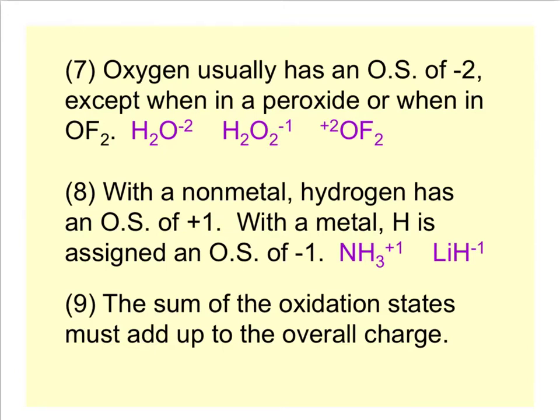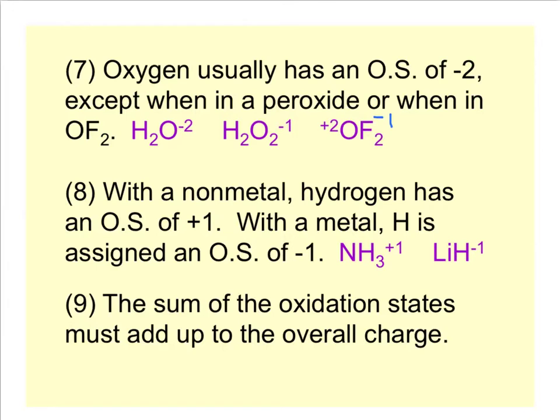And then lastly, the specific molecule OF2. Because each fluorine has to have a -1 oxidation state, the oxygen ends up having a +2 oxidation state. You're going to see how we can add and combine oxidation states to find out the oxidation states of unknown atoms in a minute. So we'll do a more detailed example in just a second.